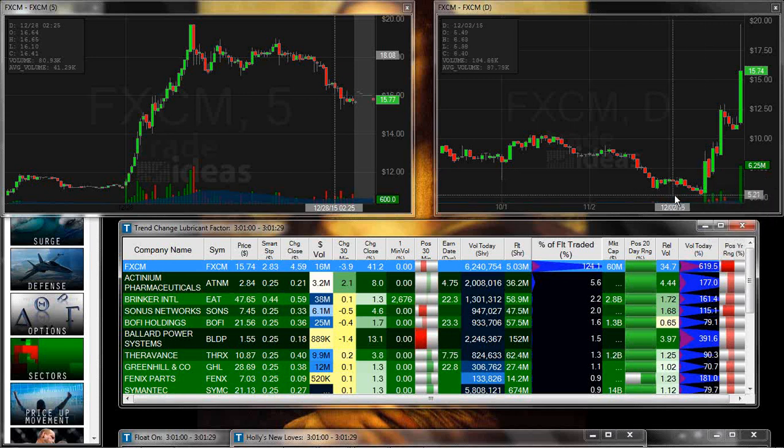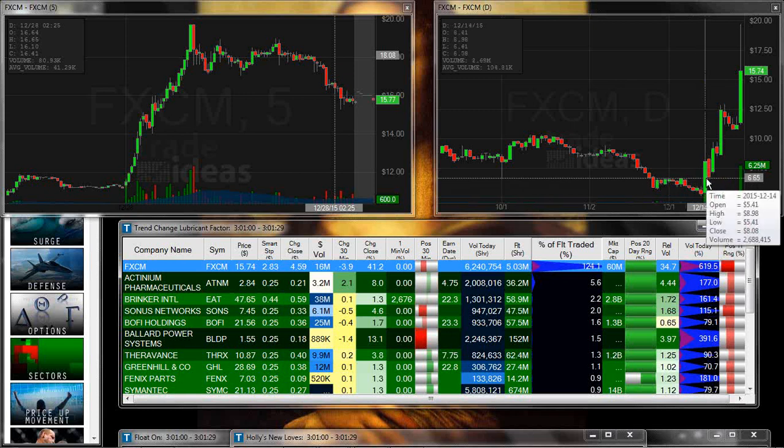I don't mind holding that overnight, because I know where my bottom is here. If right here is where I made my entry, 1,000, 2,000 shares, well then my stop loss is going to be right below this bar here. So we're looking at low risk factors with extremely high multiples of potential return, potential alpha here.